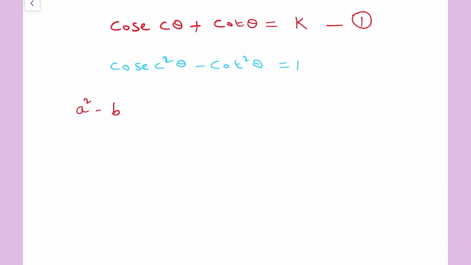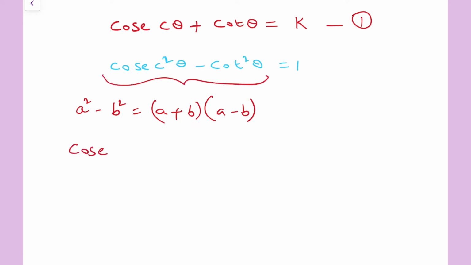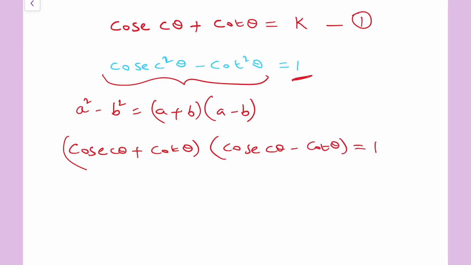What is the formula for a square minus b square? It is a plus b into a minus b. In the same way, cosec square theta minus cot square theta can be written as cosec theta plus cot theta into cosec theta minus cot theta equals 1.